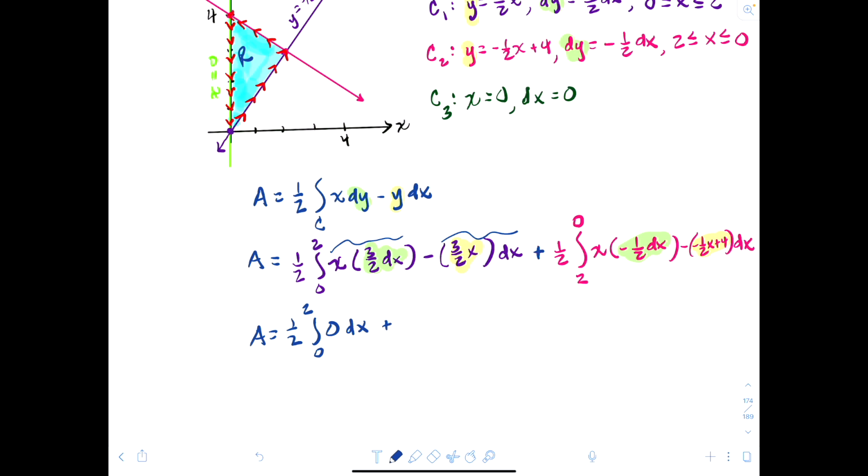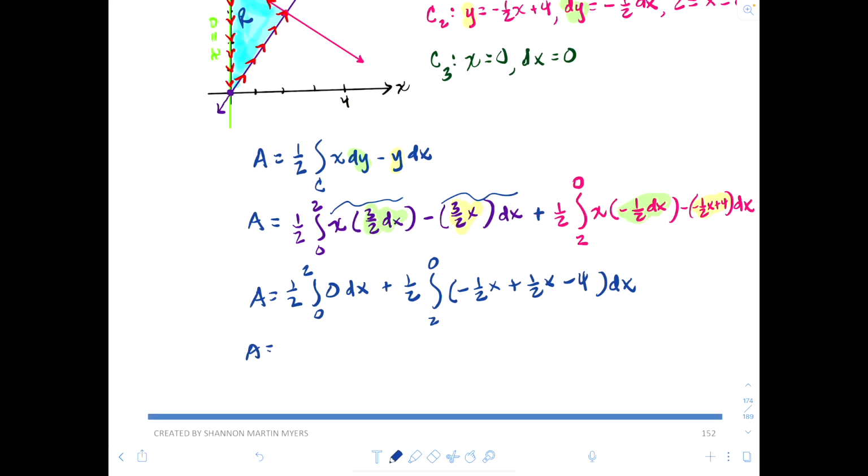Then plus, we'll get 1/2 the integral from 2 to 0, and then we would end up with negative 1/2 x dx plus 1, actually, let's put them together. 1/2 x plus 1/2 x minus 4 all times dx, okay?